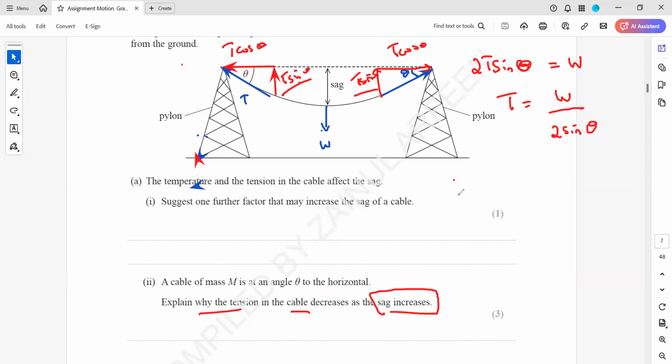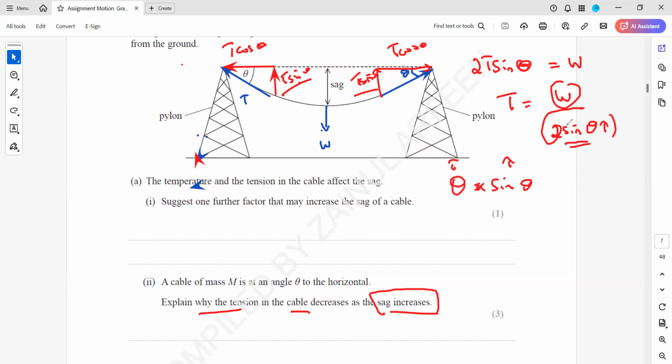What is the relation between theta and sine theta? When you increase the value of theta, the value of sine theta will also increase. Weight is constant, 2 is constant, but as the angle increases, the value of sine theta will also increase.